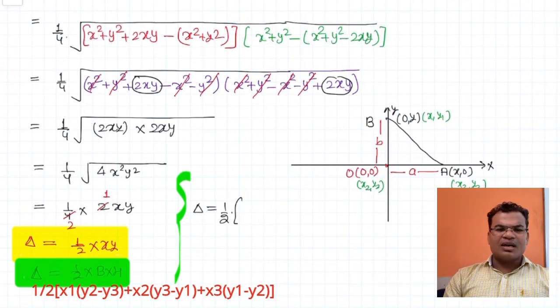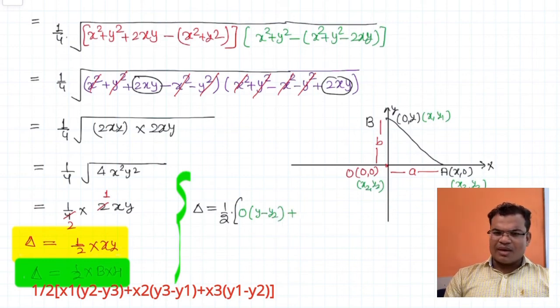So very first when you have the formula 1 by 2 x1, what is x1? x1 is 0. y2 minus y3, so you can see here what is y2. y2 is 0 minus y3 is again 0. So can I put here 0 into 0 minus 0, right?